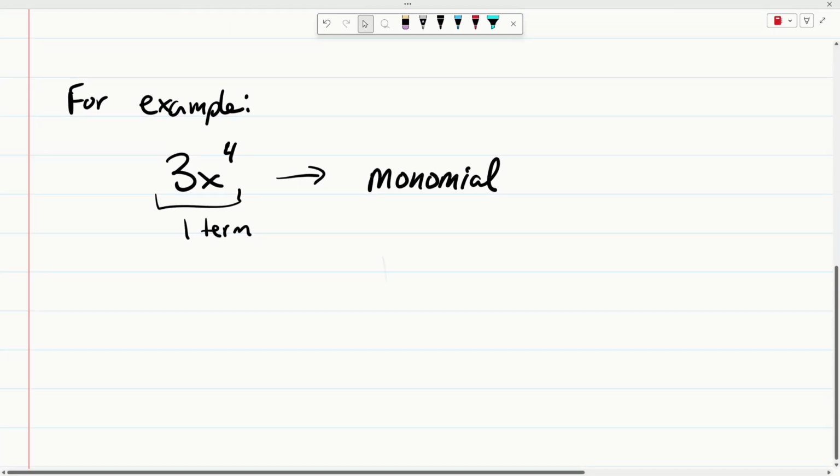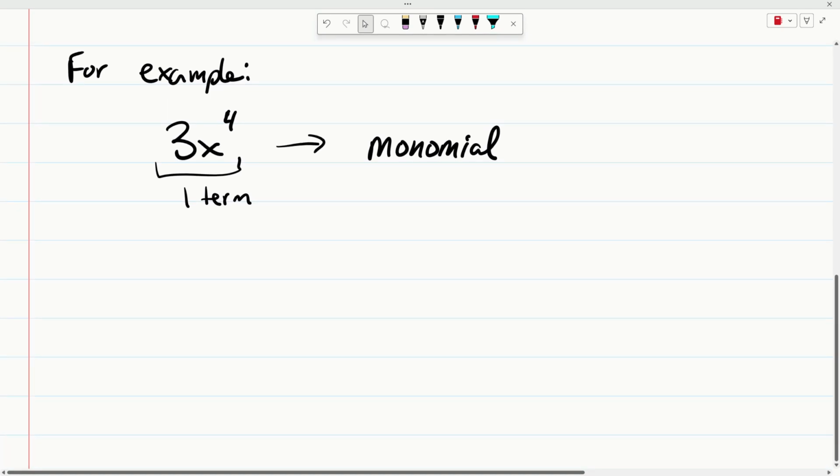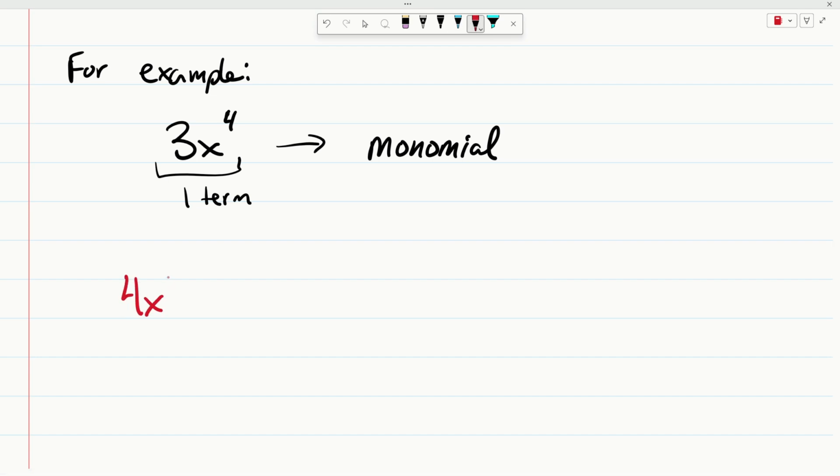Okay? Now, let's say I had a variable term like 4x to the 5th plus 2, a constant term. Well, this is still a polynomial. It just has a very special name. This is called a binomial because we have 2 terms.